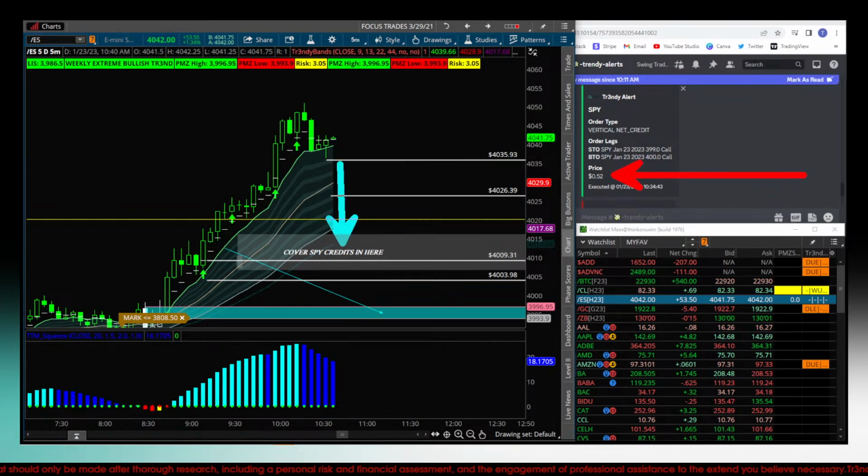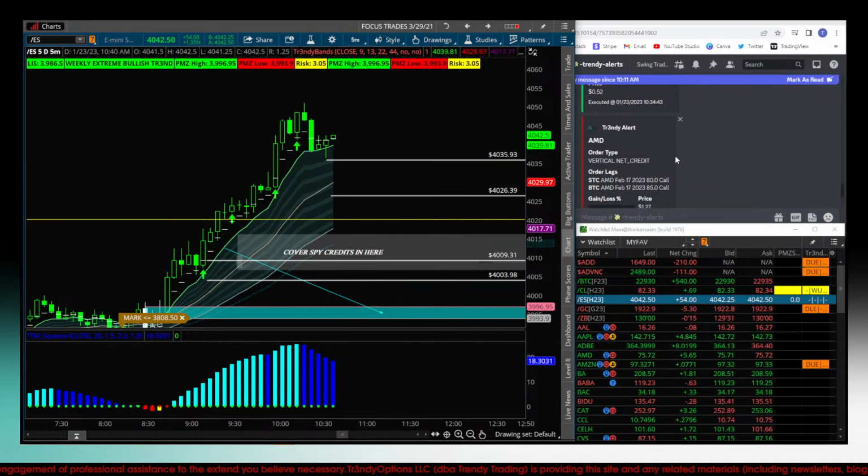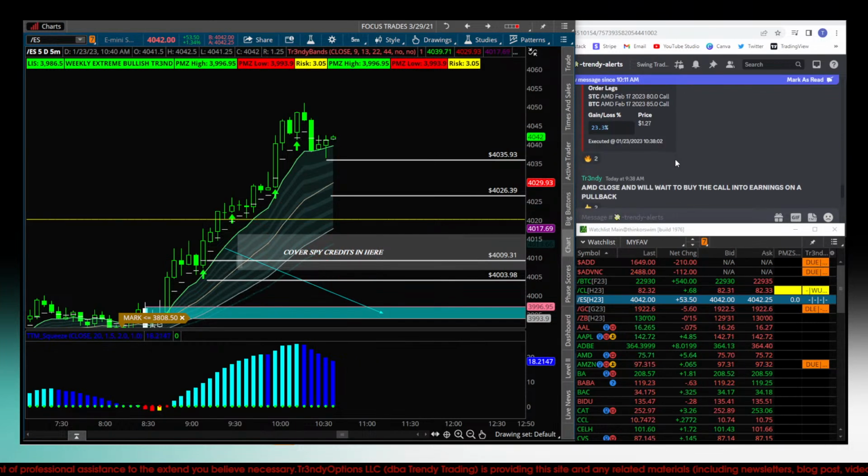My plan was to cover the credits in here for about 30-40%. That didn't happen. Matter of fact, what actually happened is that we started to get buy signals on my indicators, and I knew, hey, I'm probably wrong. Okay, so let's go ahead and scroll down. I want to talk over this so you guys can understand.